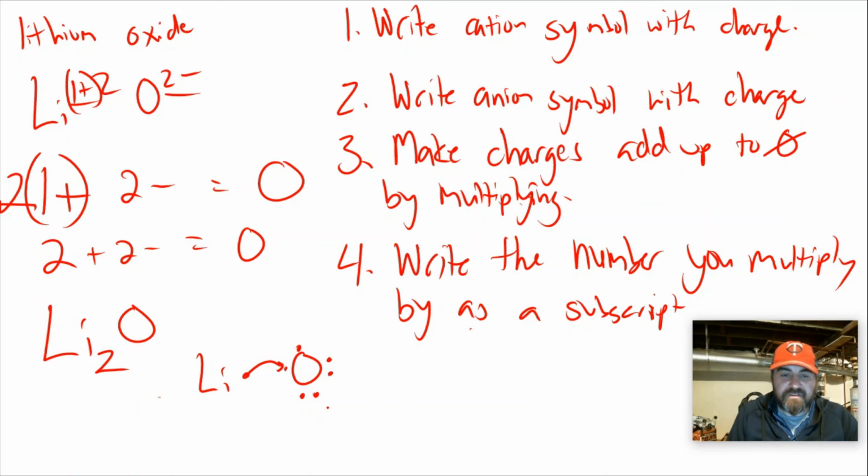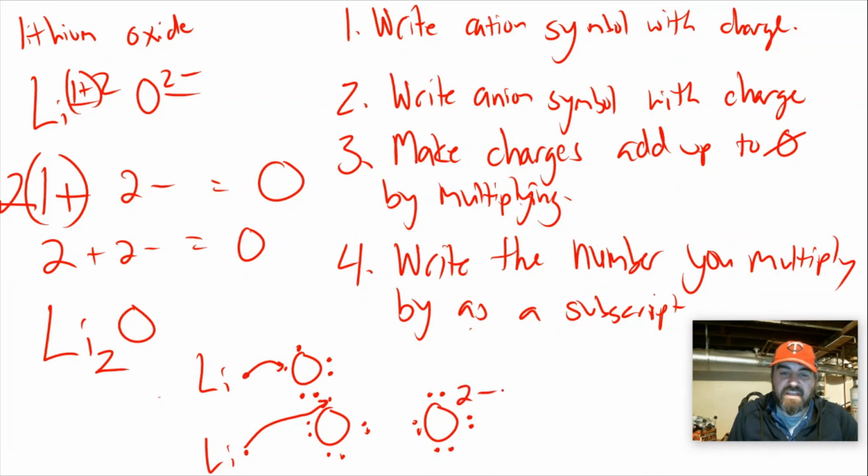If you give 1 to oxygen, it has 7 of them, right? Because now it looks like this: 2, 4, 6, 7. So you need a second lithium to give oxygen another one. Then oxygen becomes 2, 4, 6, 8. It has 8 valence electrons and it is content.